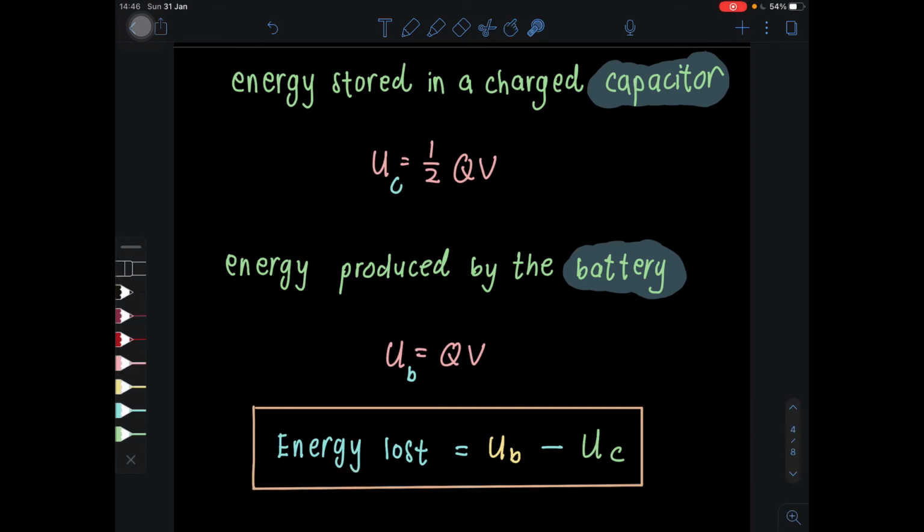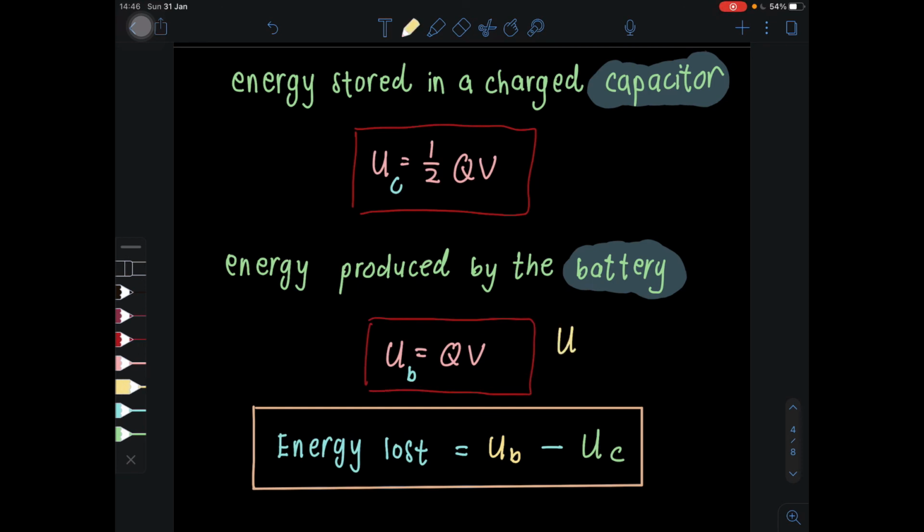So energy loss sama dengan UB, which is energy produced by the battery, minus with UC, which is energy stored in a charge capacitor. So kalau kamu tengok dekat sini, okay, formula untuk energy store in capacitor adalah 1 over 2 QV, but energy produced by the battery adalah sama dengan QV. So let's say the battery, okay, produce energy 12 joule.